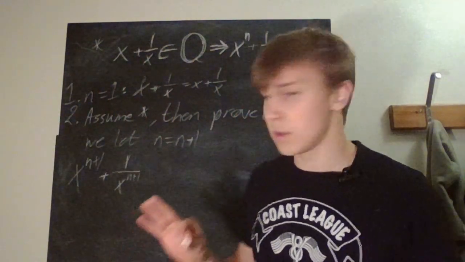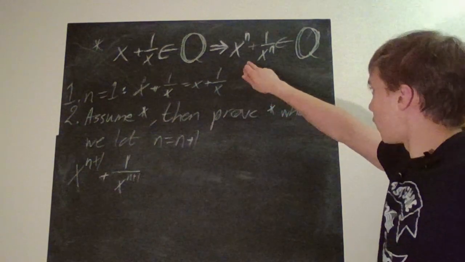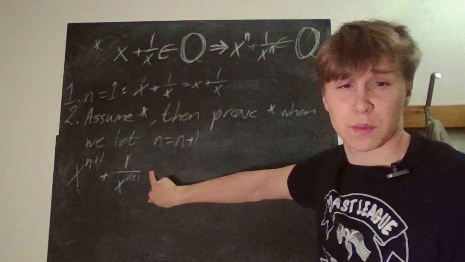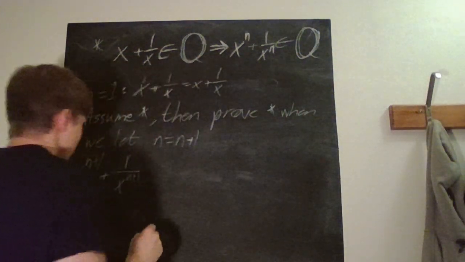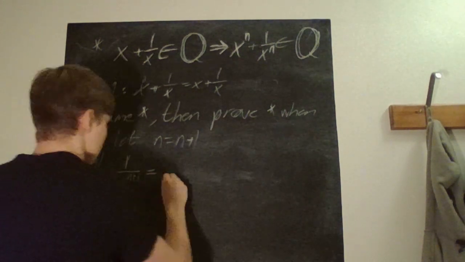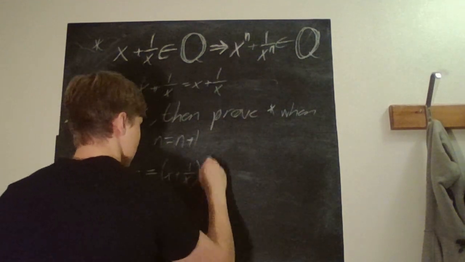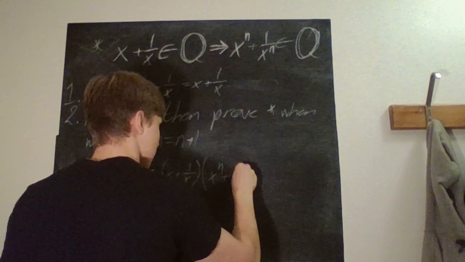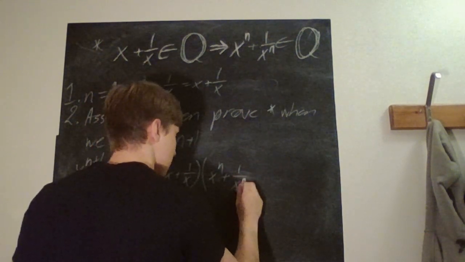So, if we just were to multiply these two, what would we get? Well, we would get something like this, not exactly, but we'll just try. We say that this is equal to x plus 1 over x times x to the power of n plus 1 over x to the power of n, and then we look at what we have to subtract.